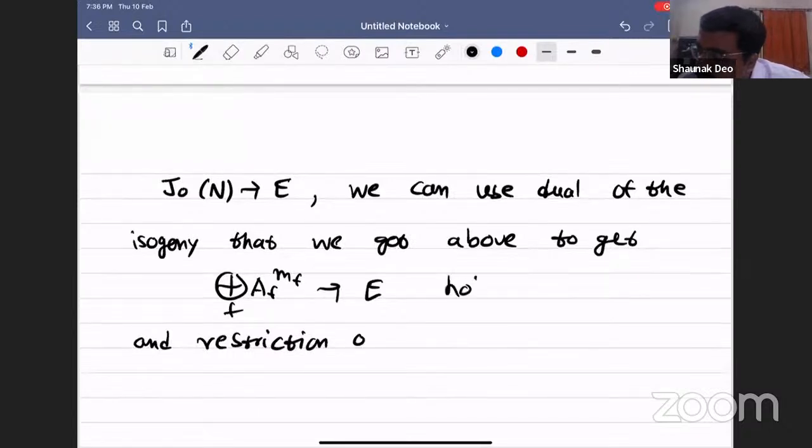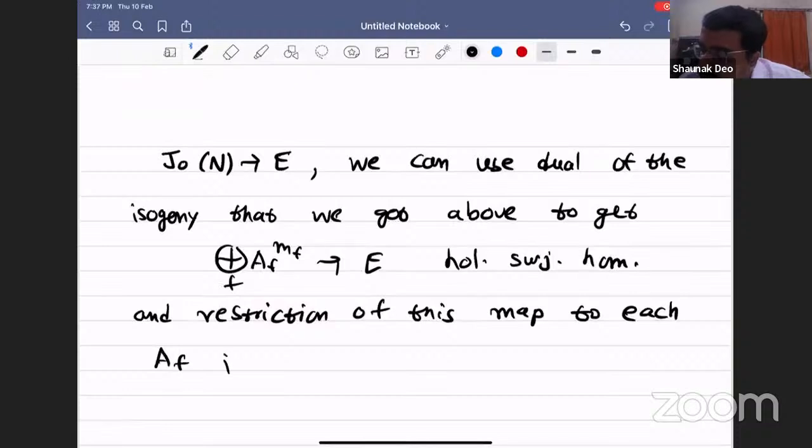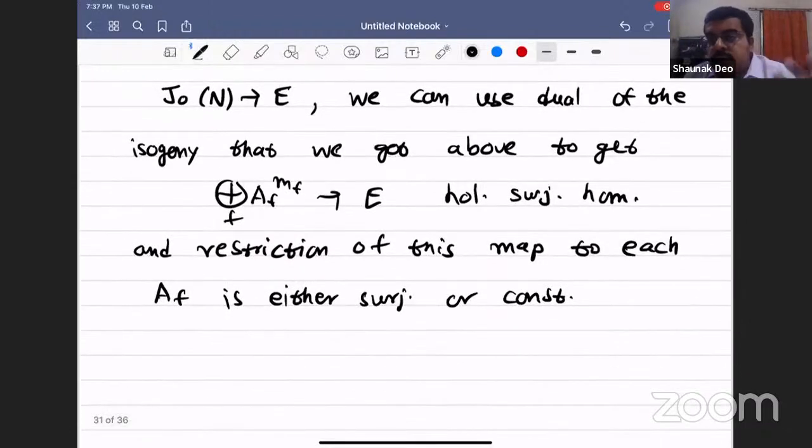So this is a holomorphic surjective homomorphism, and the restriction of this map to each AF is either surjective or constant. But the whole map is surjective.